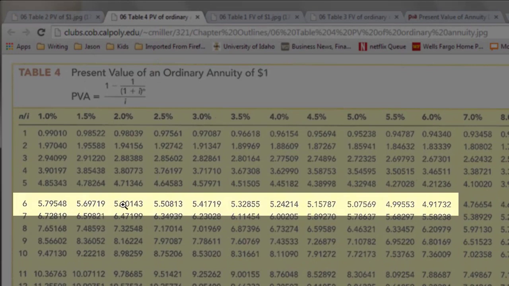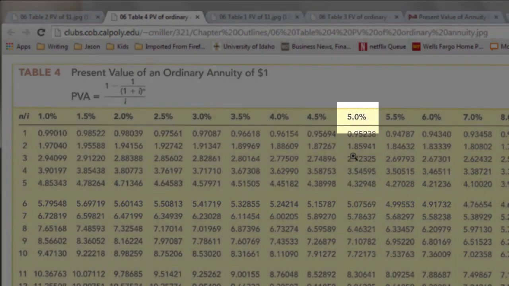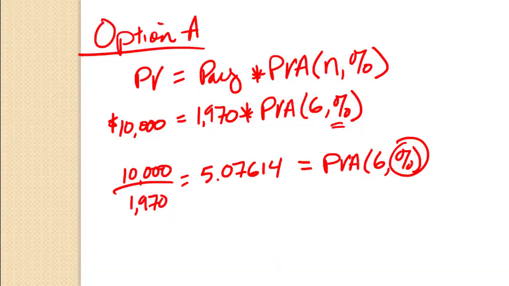And I'm going to run across here until I find 5.07614. Ooh, I don't see it exactly, but 5.076 is pretty close to this value right here. So we're looking at about 5% as the interest rate on this particular investment. So my interest rate is 5%.